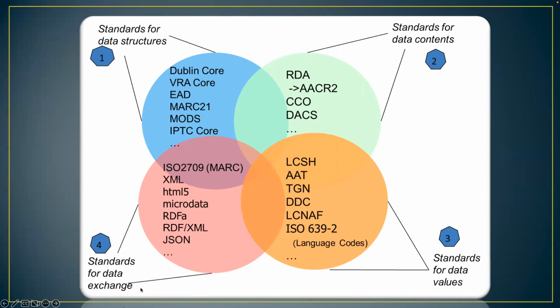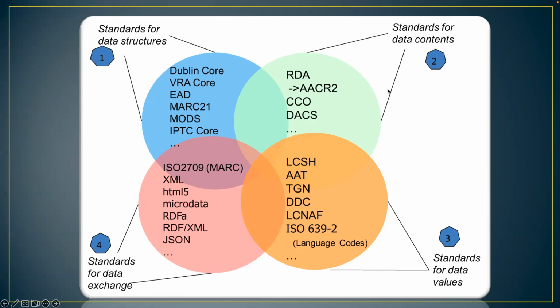And there is data exchange. They are the encoding and technical standards. And one example is XML. And the last category is data values. They are the classification systems or the taxonomies, like the Library of Congress Subject Headings or the Dewey Decimal Classification, something like this.